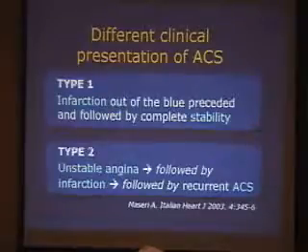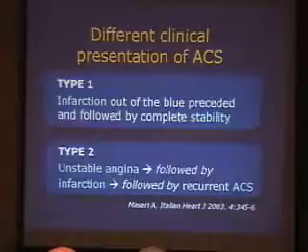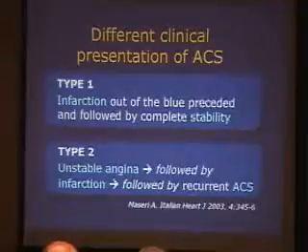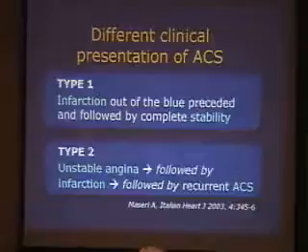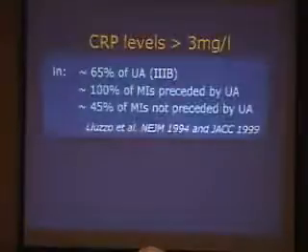But is this period of instability equally affecting all the patients, both type 1 and type 2? Well, it does not appear to be like that, because these patients, type 1 and type 2, appear to have some biological differences, not only clinical differences of presentation.